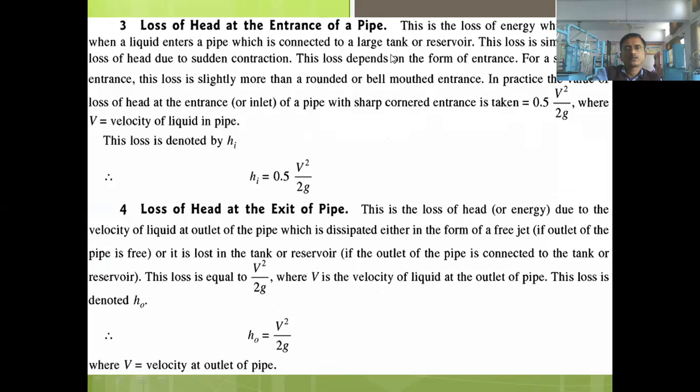Okay. Next, loss of head at the entrance of pipe.